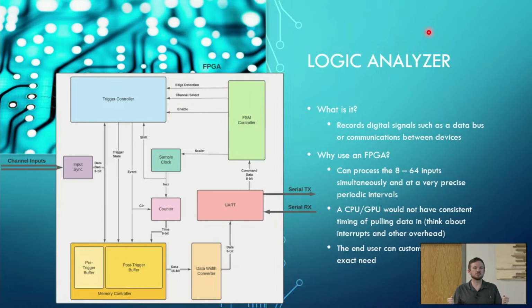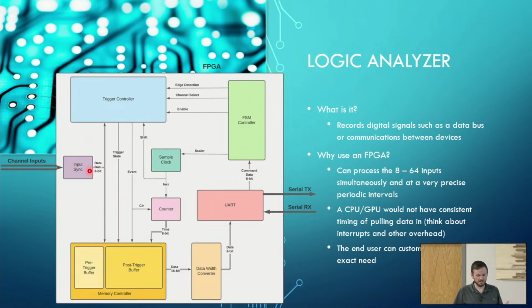If I were to do that in software, the software might get an interrupt for some service routine, and it would have incorrect timing, and it wouldn't be evenly spaced. So the FPGA allows me to do all of that in parallel, all at the same time. All of these blocks are running in parallel. There's no sequential stuff happening.